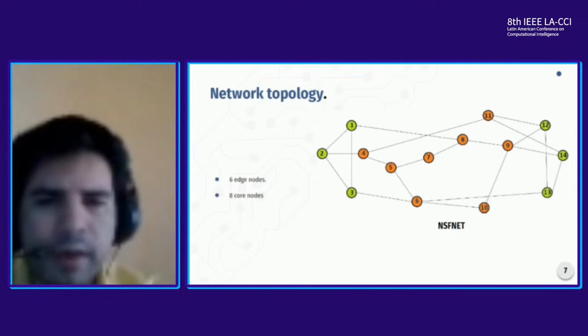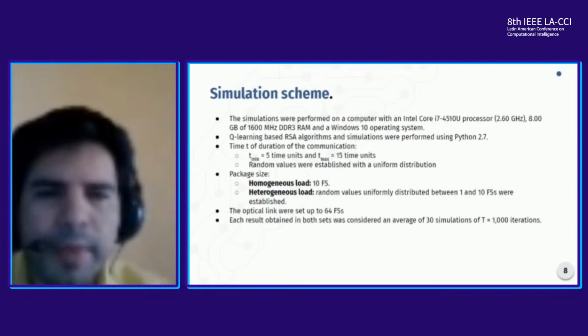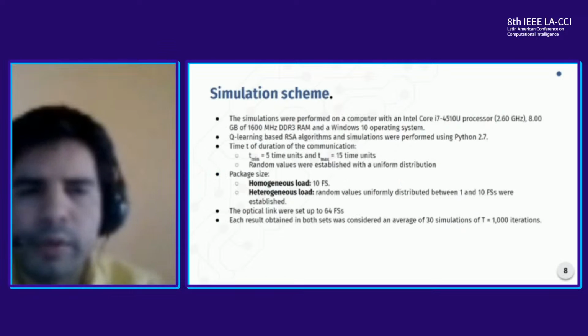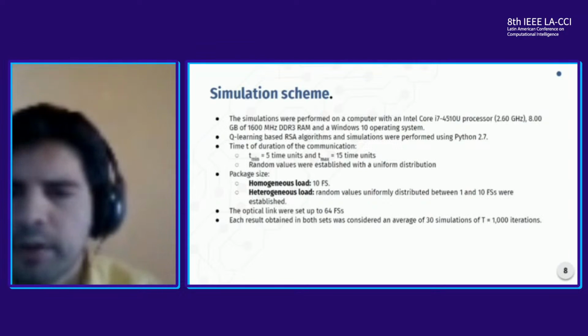The results of the simulations of our algorithms were performed considering the NSFNet topology with 8 core nodes and 6 edge nodes. The simulations were performed on a computer with an Intel Core i7 processor, 8 GB of RAM, and a Windows 10 operating system.